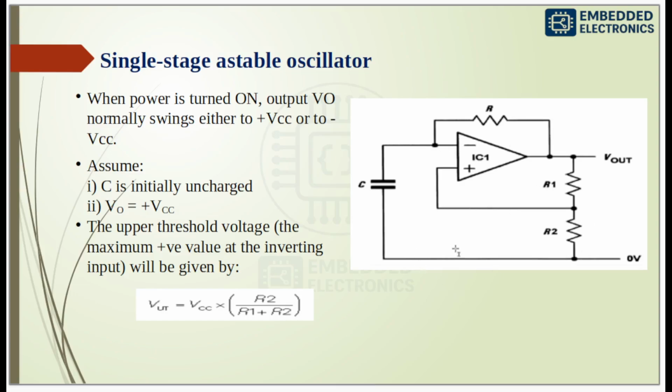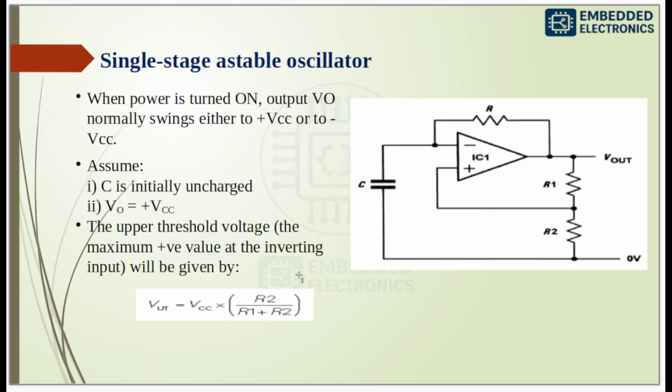So it employs positive feedback with the output fed back into the non-inverting input via a potential divider formed by this R1 and R2. So when power is on, the output Vout normally swings either to plus VCC or to minus VCC. So assume C is initially uncharged, at that time Vout equals plus VCC.